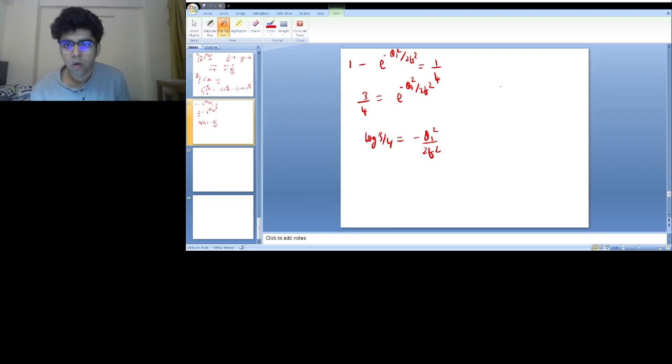Right, so ln of e to the power x, or minus x, just gives me x only, right? So I just took log here, or let me write ln here. So I just took ln 3 by 4 and this gives me minus q1 square by 2b square.